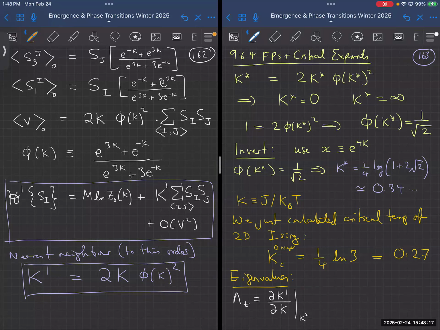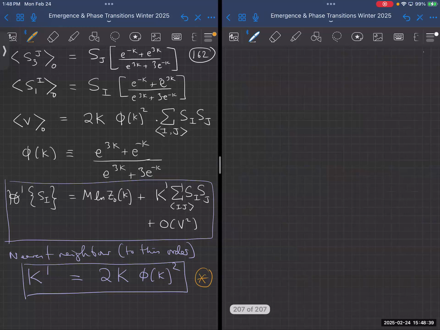So I know what k prime as a function of k is, because I've just calculated it over here on the left-hand side. So I go ahead and do that derivative and plug in the value I get for k star, and that gives me something like 1.62, something like that.